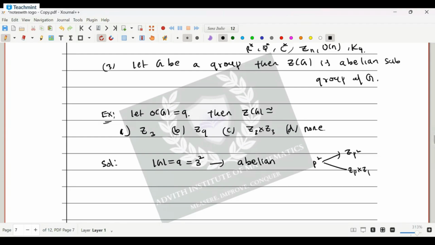So these two are abelian groups, isomorphic to Z9 and Z3 cross Z3. So these two are true.